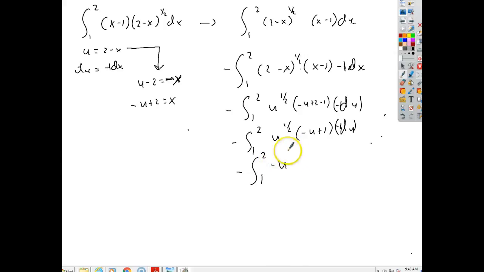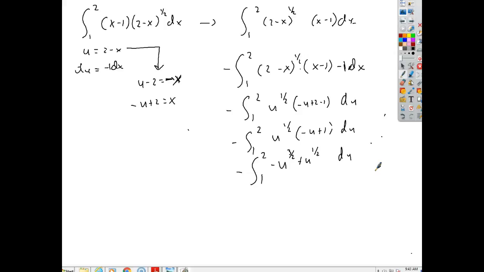The negative, this would be 3/2, right? Oh, I got rid of the negative. That's why I didn't need the negative 1. I apologize. Let me back up. I'm making a mess of things. This is du, this is du, this is du.